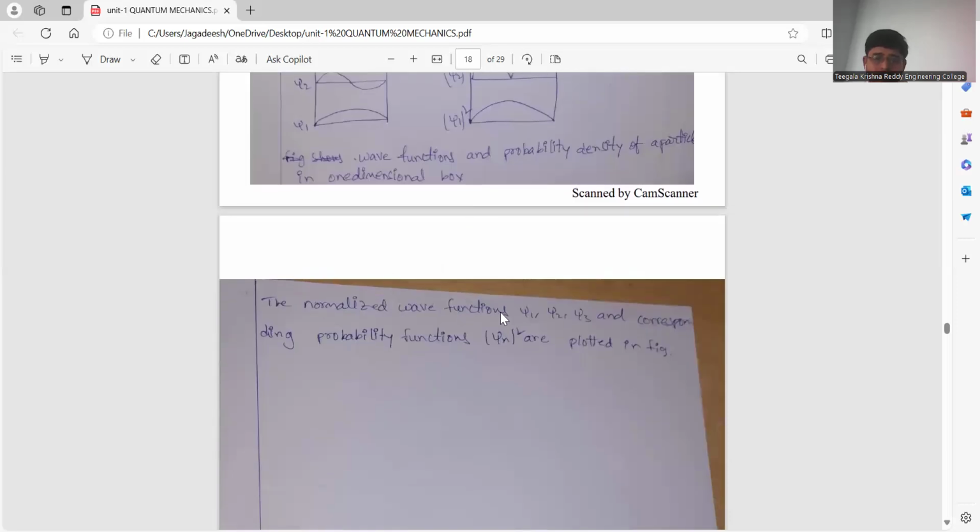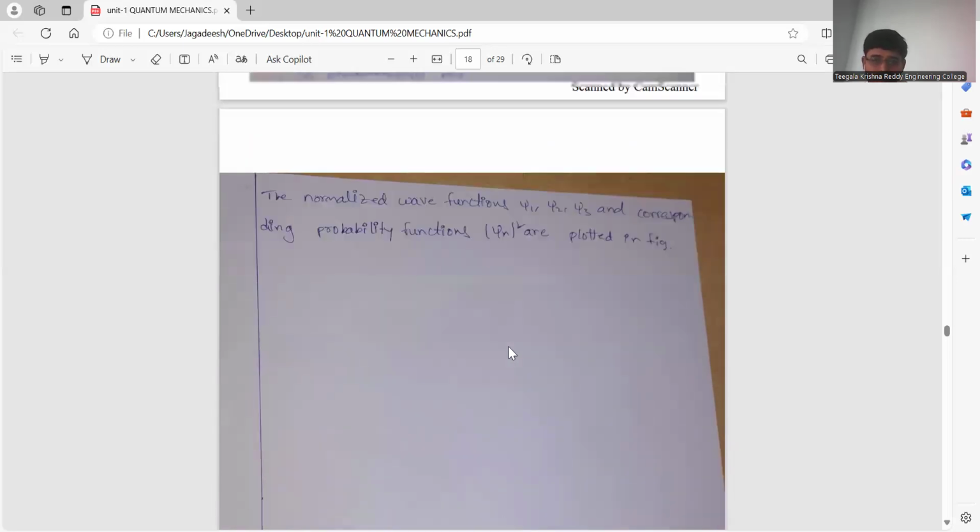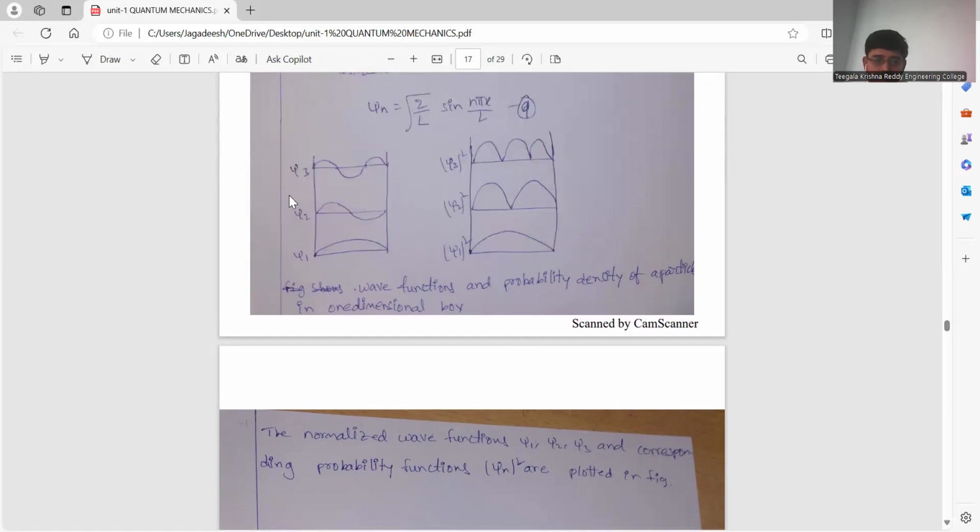The normalized wave functions psi 1, psi 2, psi 3 and the corresponding probability densities are plotted in the figure. First n equal to 1, then wave functions 2 and 3, and the corresponding probability density mod psi square for 1, 2, 3 is like this.